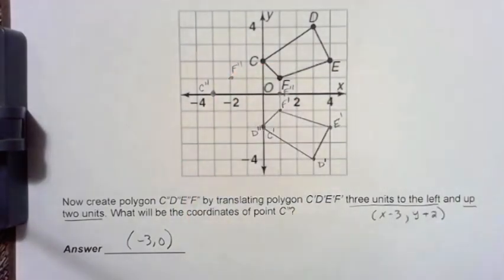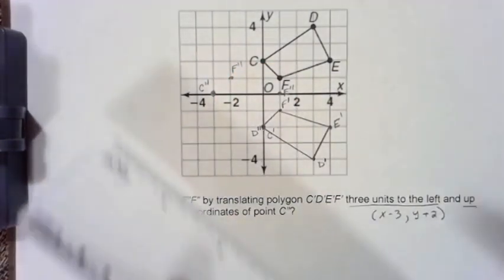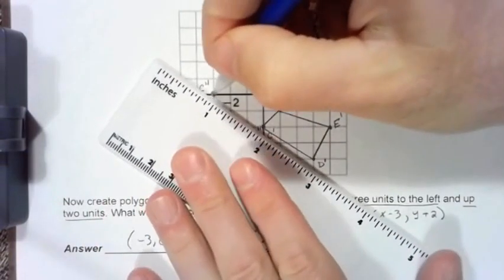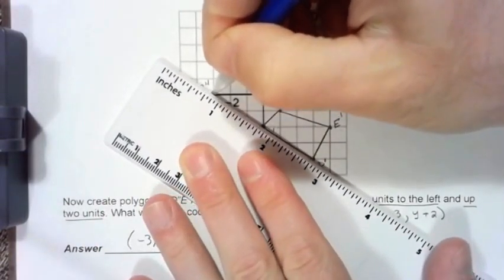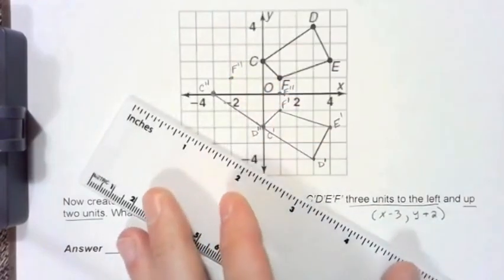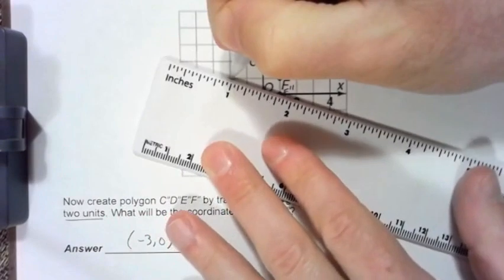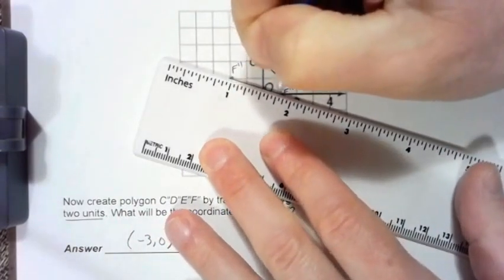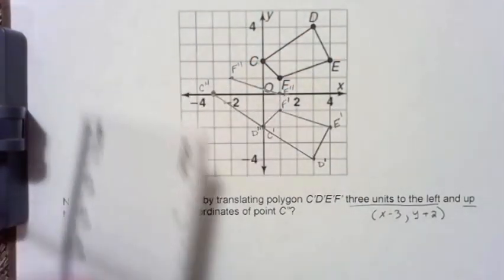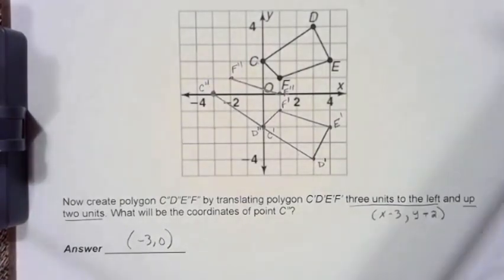And now let's go ahead and connect them. All right, C double prime to D double prime, F double prime to E double prime, and then connect the others.